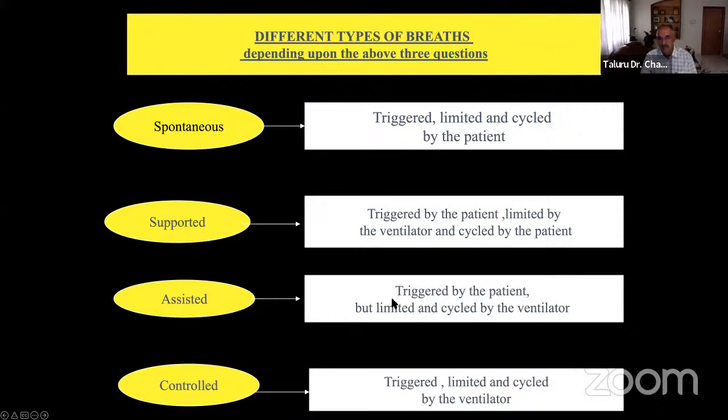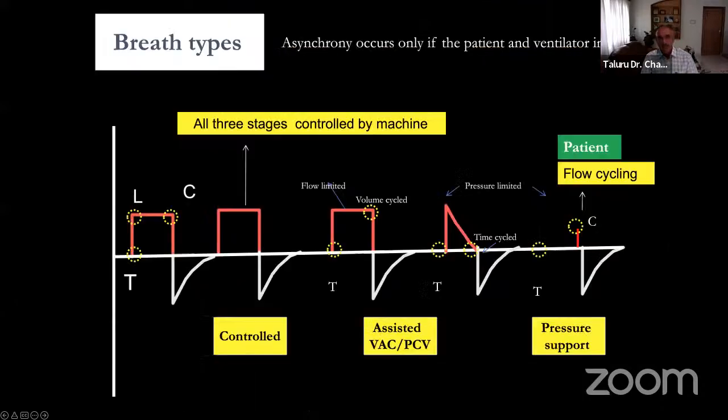Then if it is assisted, the trigger is done by the patient, either by flow trigger or pressure trigger. In controlled, the trigger is done by time. And again, limiting and cycling is done by the ventilator. In pressure supported mode, triggering is again pressure or flow, and cycling is flow cycling. This is what you have to remember.